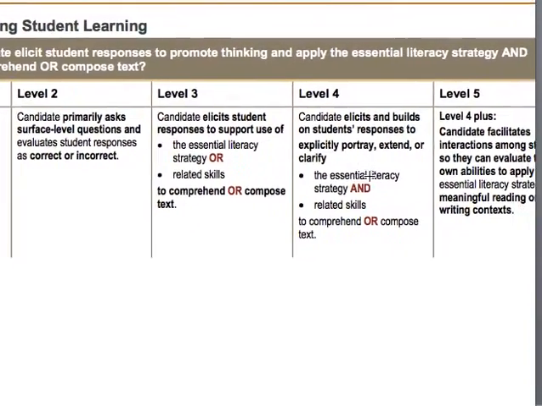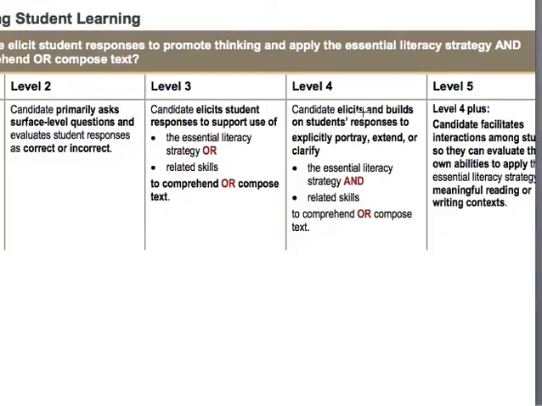If we look at level 4, you get students to explicitly portray, extend, or clarify. So in other words, you are asking them the right kinds of questions to get them to give you the answers about what it would be in this new situation, or how it would act if we change this part of it, right? Or what it would look like if we were doing this instead of what we just did.